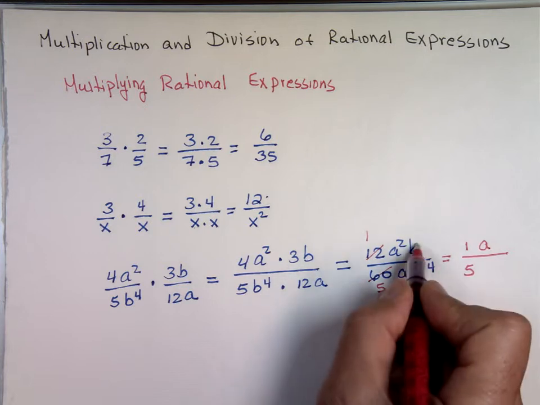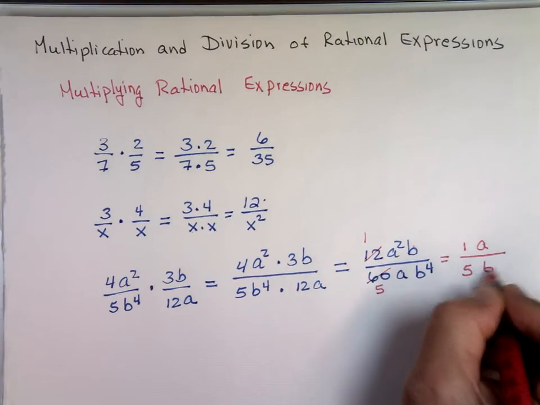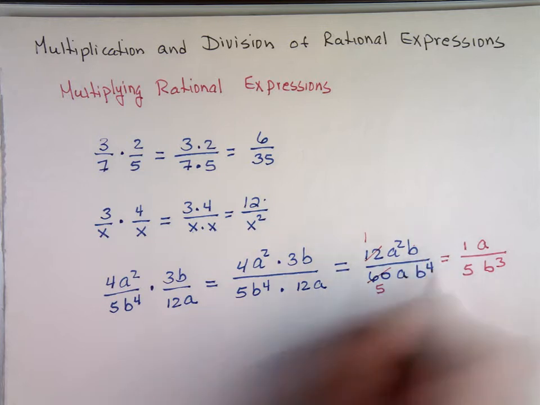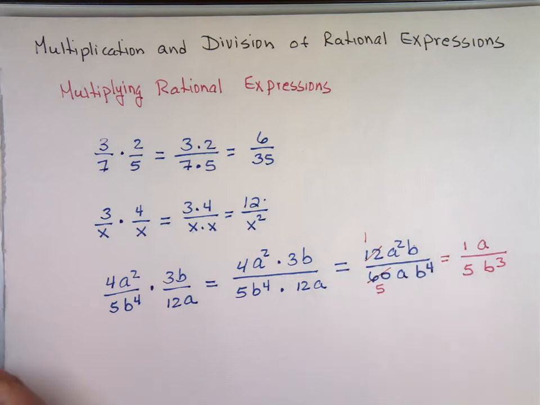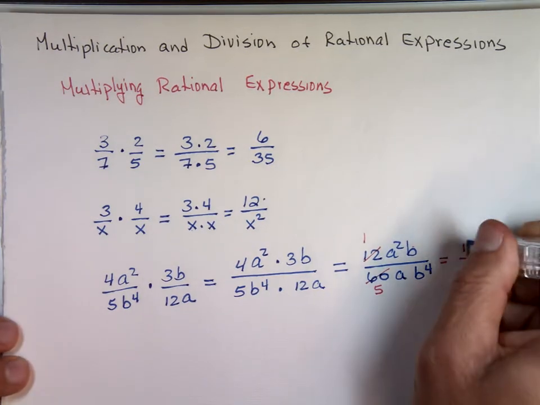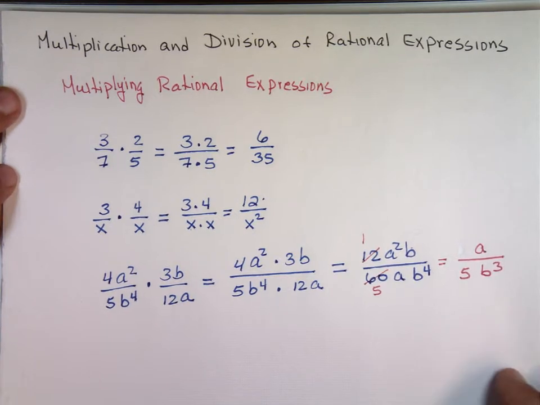So that will leave me with 3 of them on the bottom, because this will cancel one of these. And again, at the end, we just don't put the 1. When you write your answer, you never put the 1. Everyone knows if there is no number, it is a 1. So the final answer should be a over 5b to the 3rd.